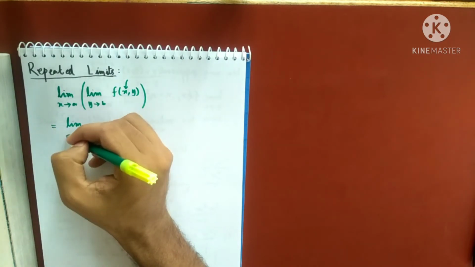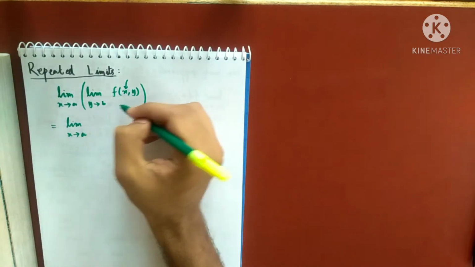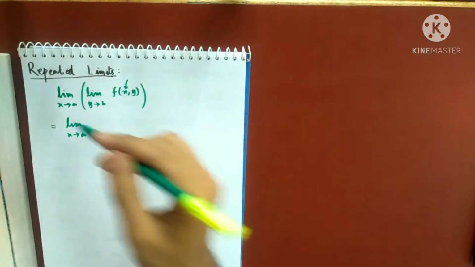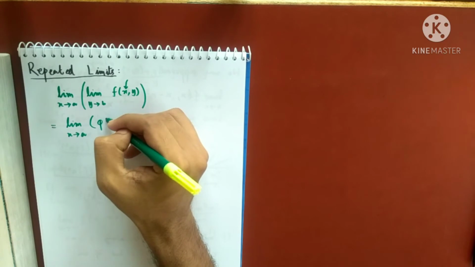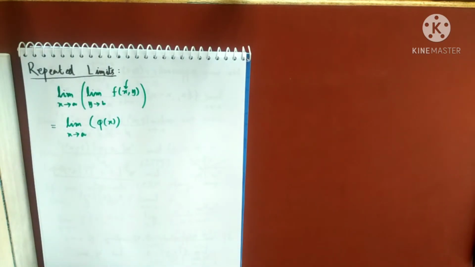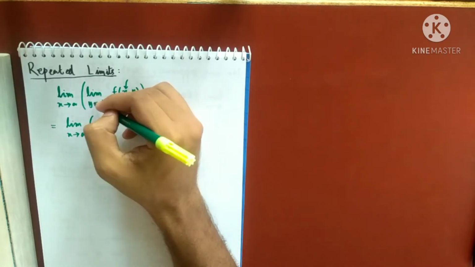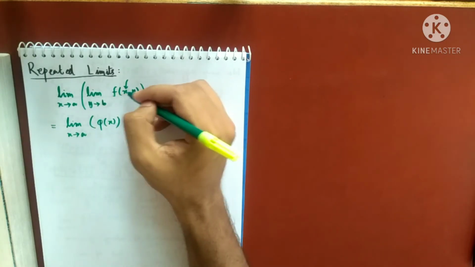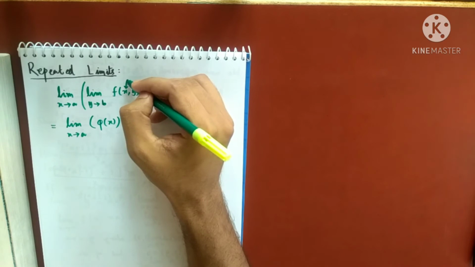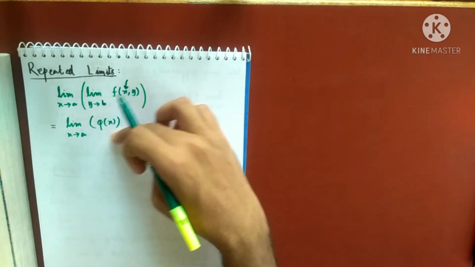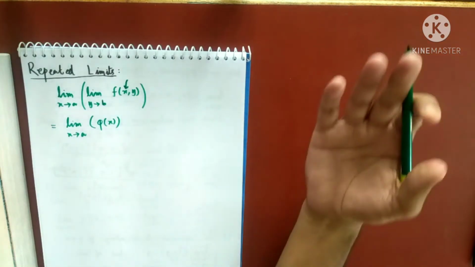On finding this limit, you will get something in terms of x. Suppose I call that phi of x. Understood? You are approaching y towards b and finding this limit treating x as constant, so x can be taken outside and so on. I am calling that phi x.